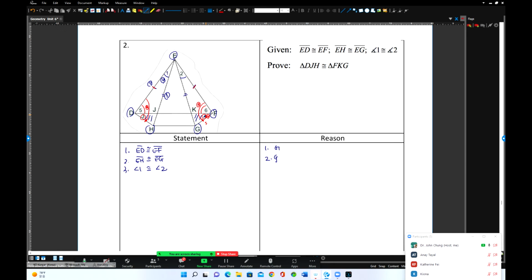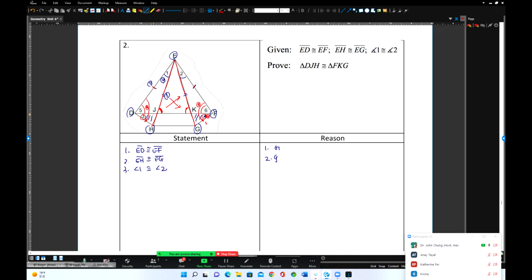This is a lot of work. I just want to explain how to prove this. I think this is too much work. This is a corresponding side, EH, and EG is already given. Using this side, these two angles are congruent, right? Because angles opposite congruent sides are congruent.